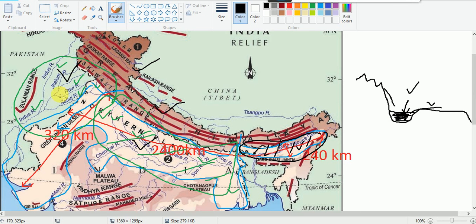In the west we have the Punjab Plain, and major areas of the Punjab Plain lie in Pakistan. In the middle we have the Ganga Plain between the Ghaggar River and the Tista River, and east of the Tista River we have the Brahmaputra Plains or the valley.